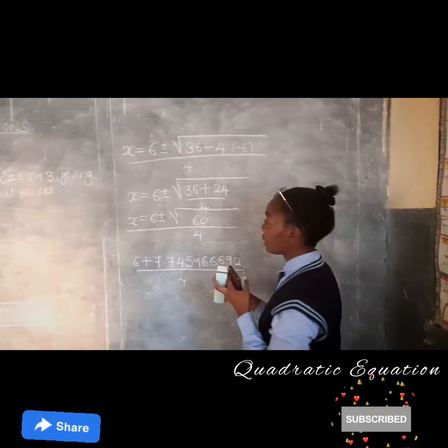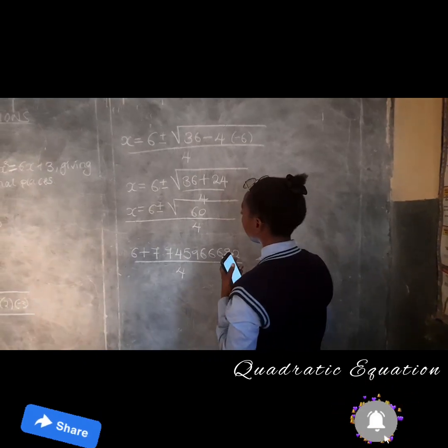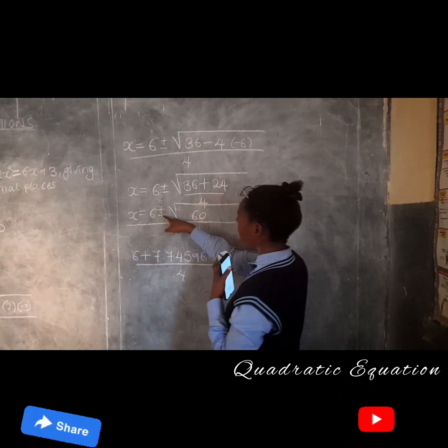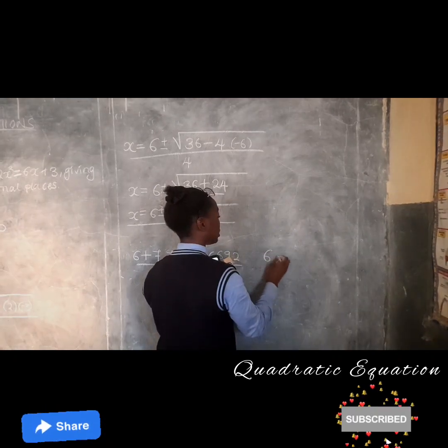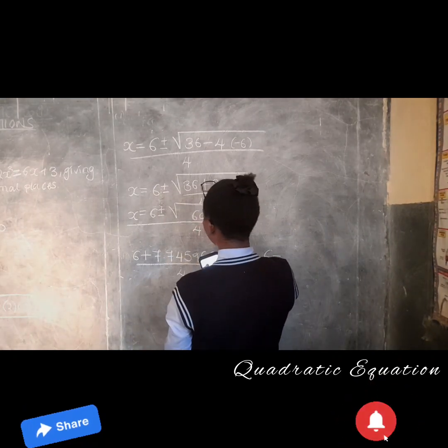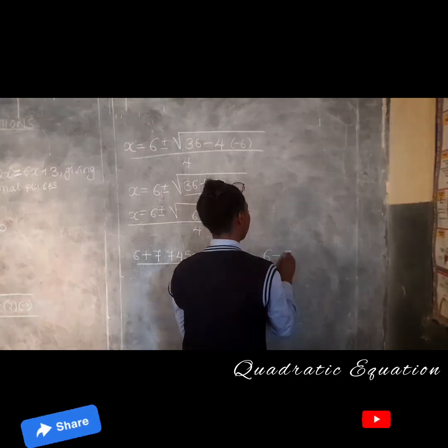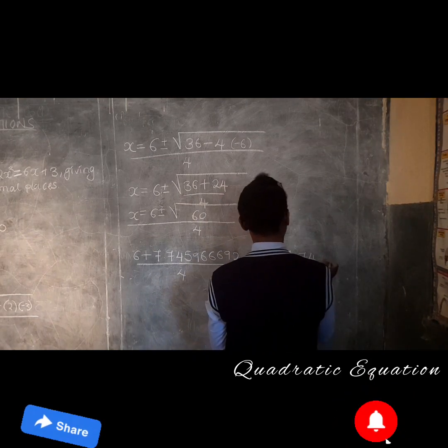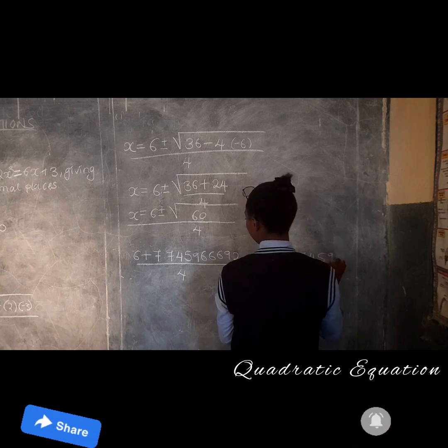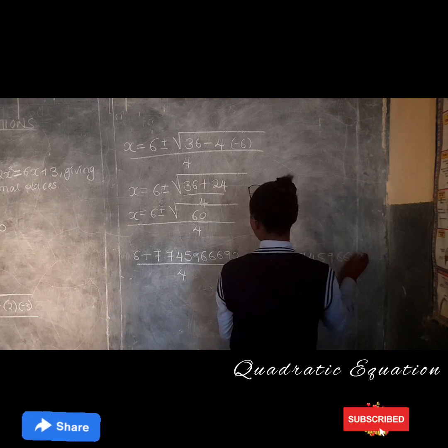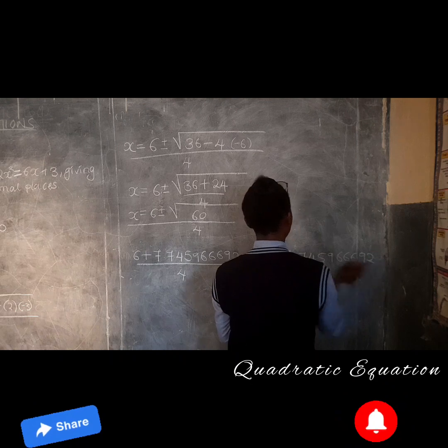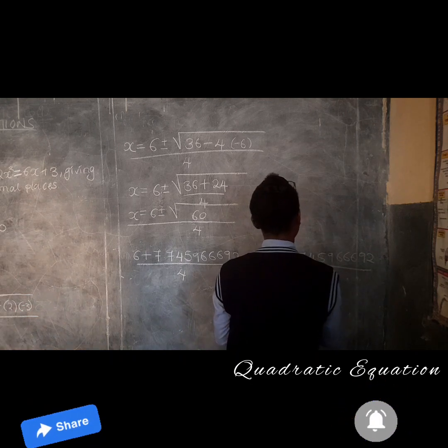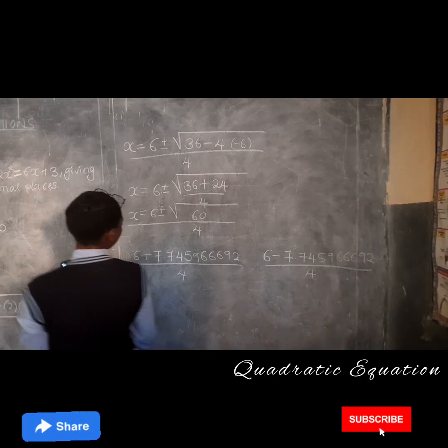And on the other side again, we're going to get 6 minus the square root of 60, which is 7.745966692, over 4.